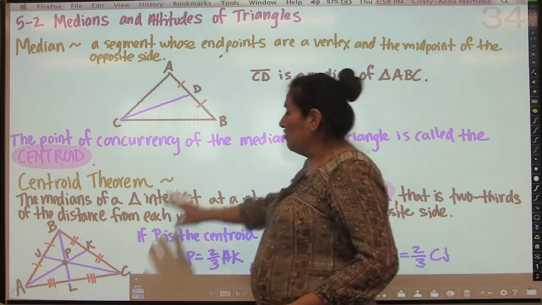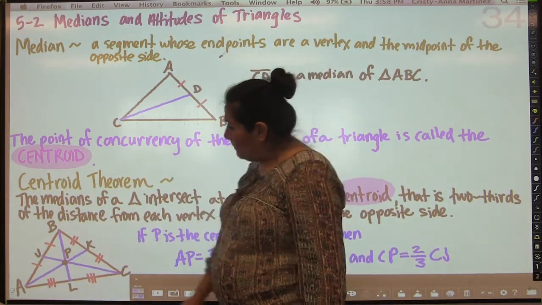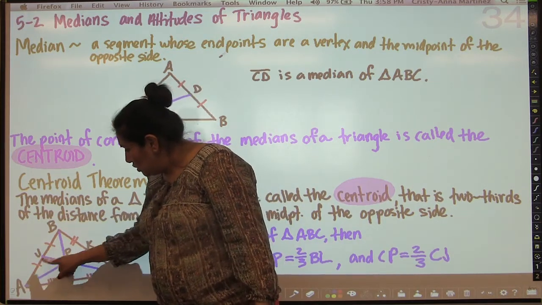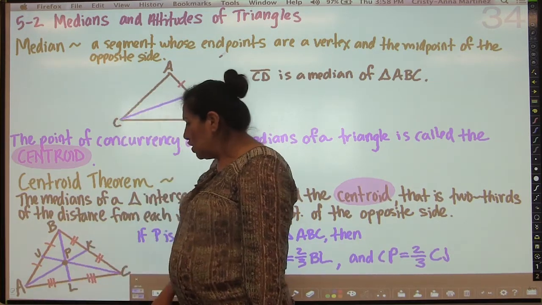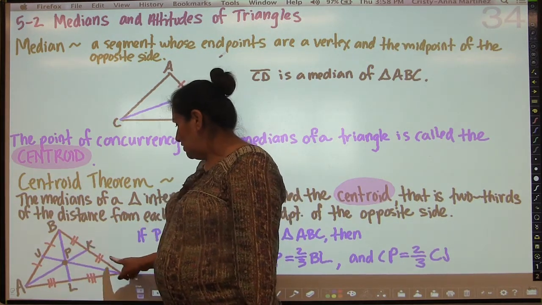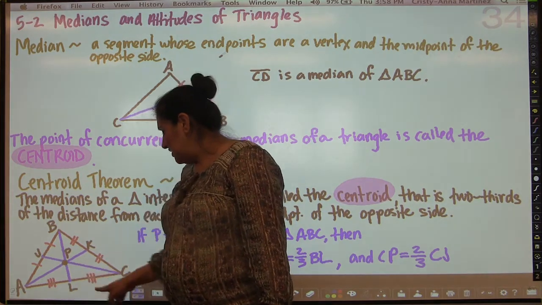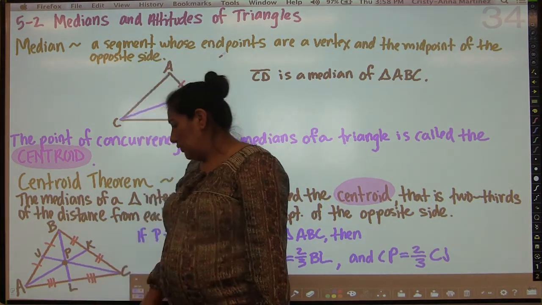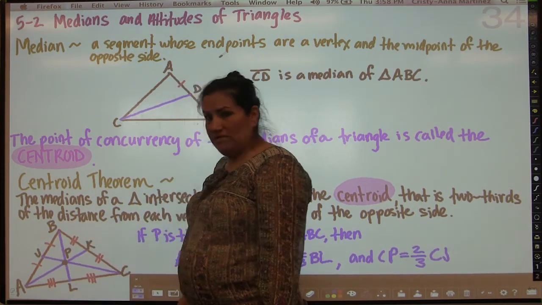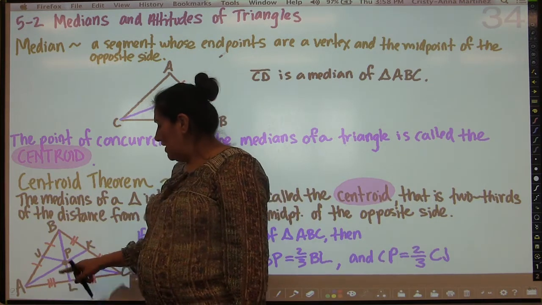But when we put all three in the diagram down here, you can tell that point J is the midpoint of AB, because these two segments are marked congruent. Point K is the midpoint of BC, and L is the midpoint of AC, again because they are marked congruent. We're just connecting each vertex with the midpoint of the opposite side, and when you do that, they all cross at this point P.